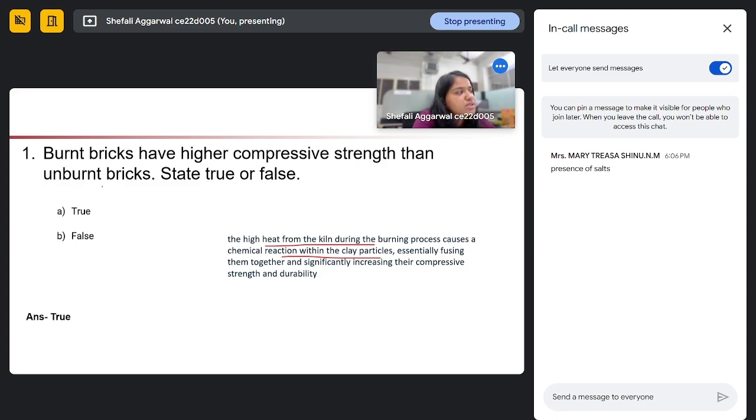As compared to this, the unburnt brick will be more porous, and because of the burning process the burnt brick will be much stronger than the unburnt brick. Okay.